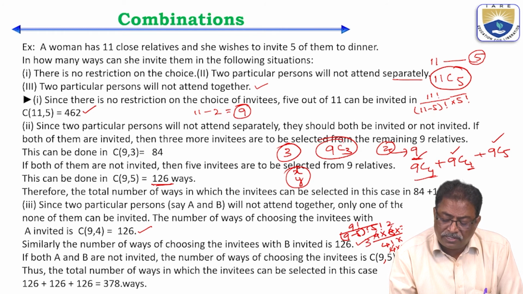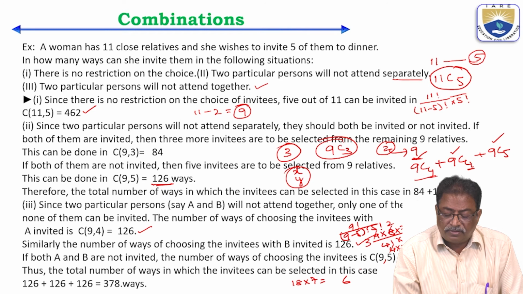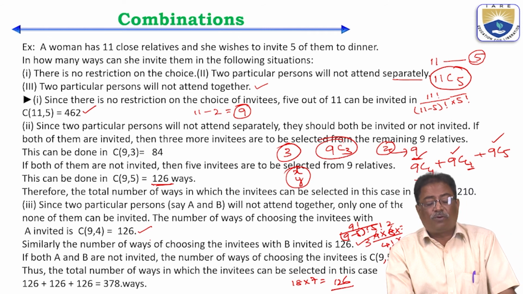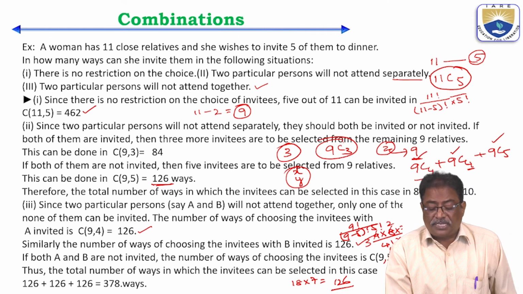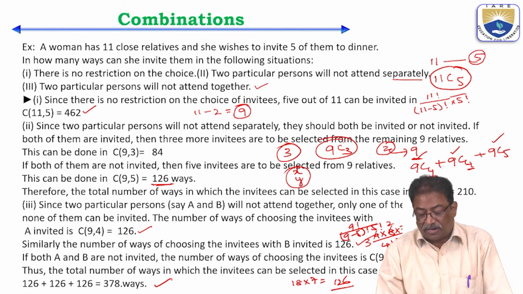So what I get is 9 into 2, 18, into 7, this is 126. What about 9C4? 9C4 and 9C5 both give the same. So subsequently, this is the final answer.